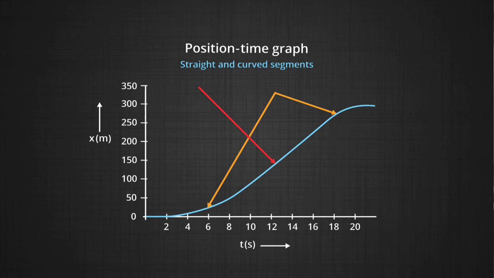Take a close look at that. The straight portion and the curved lines are shown by the arrows. So, the straight line is the central part on the position-time graph and the curved lines are shown.